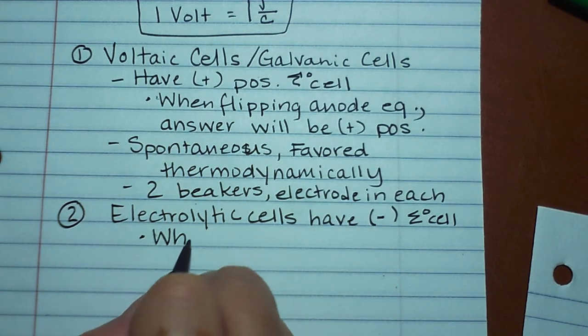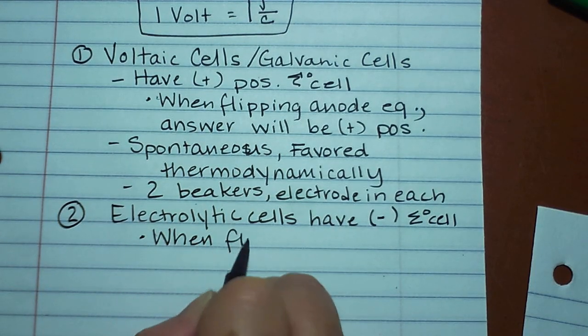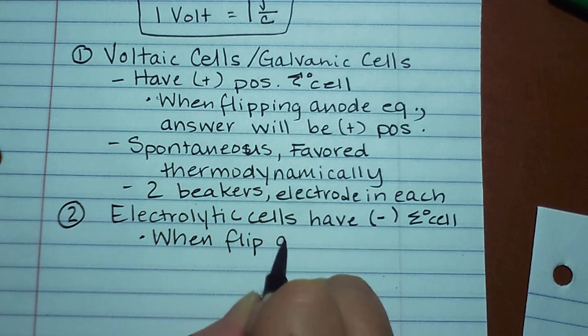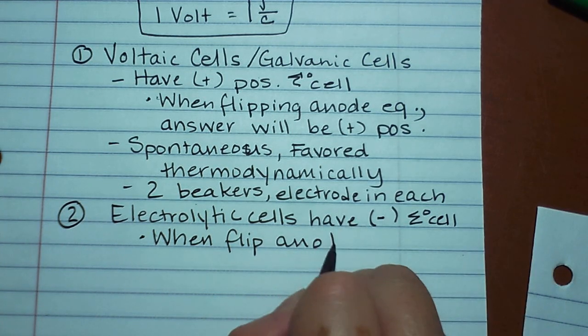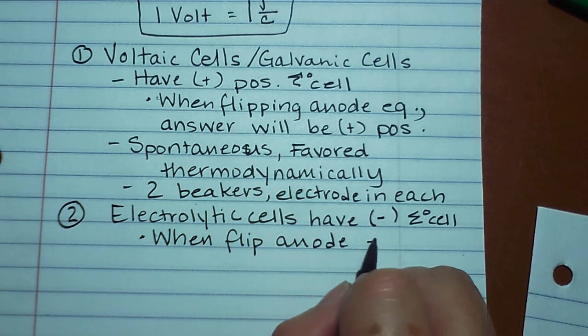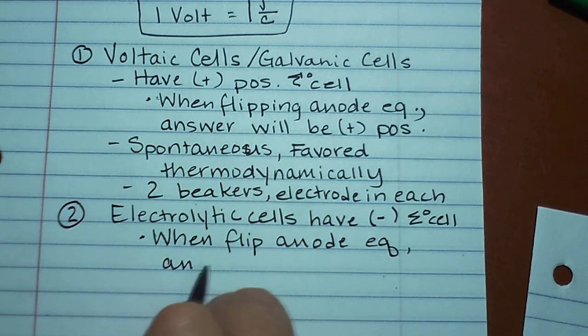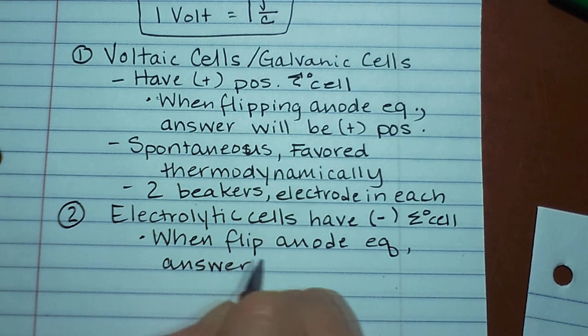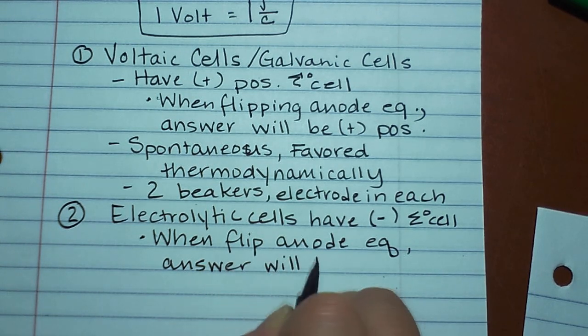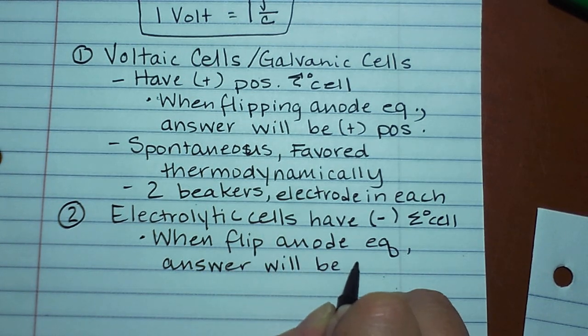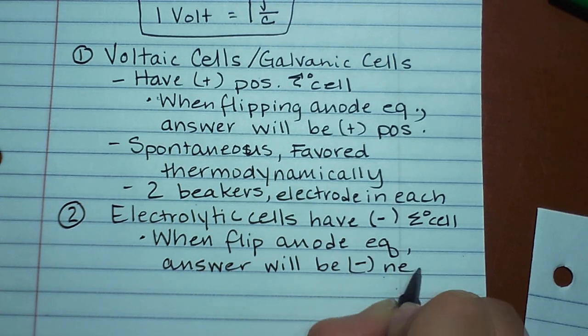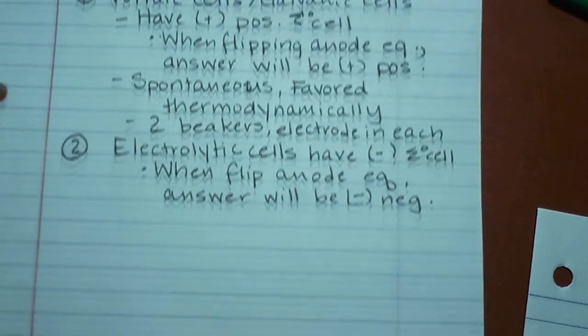When you flip the anode, the answer will be negative. So that's how you're going to know which one is the anode.